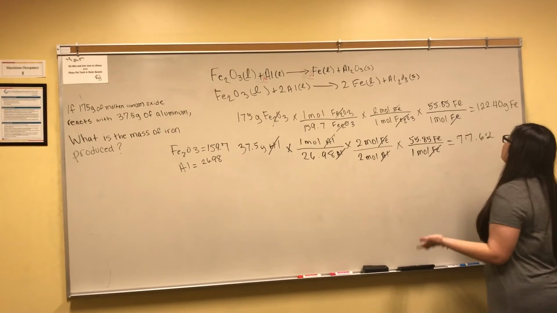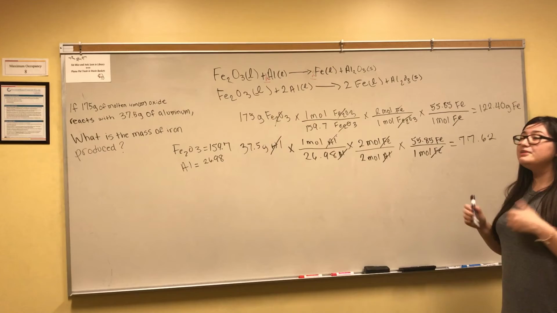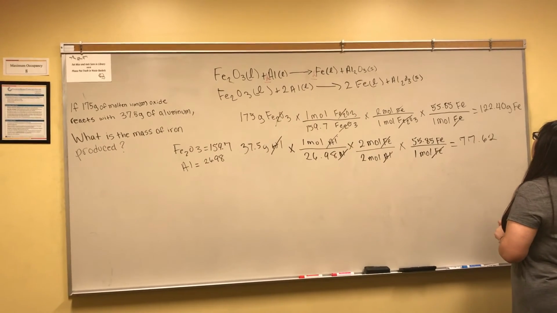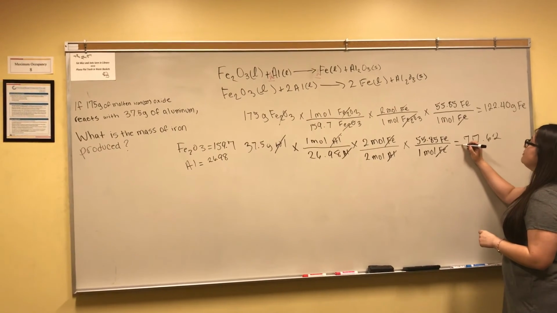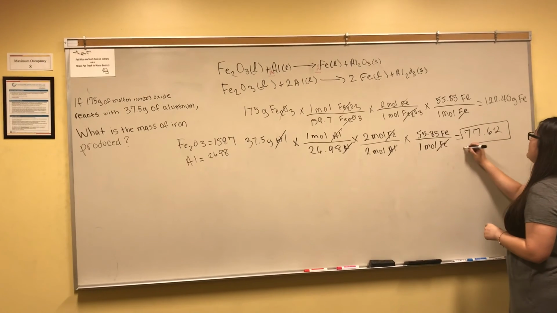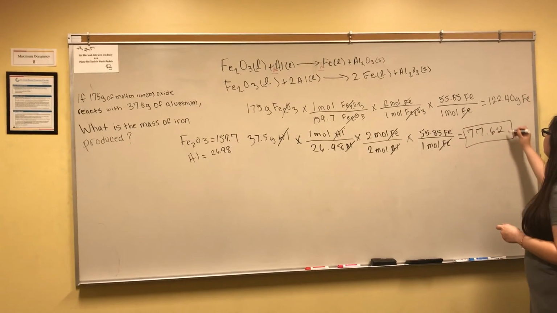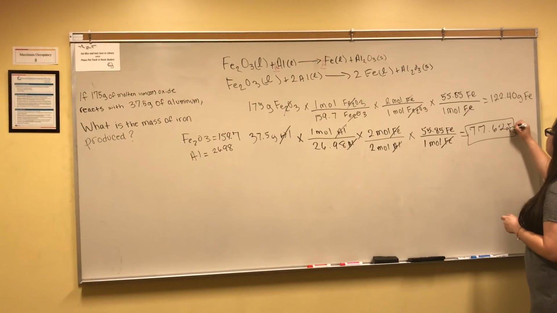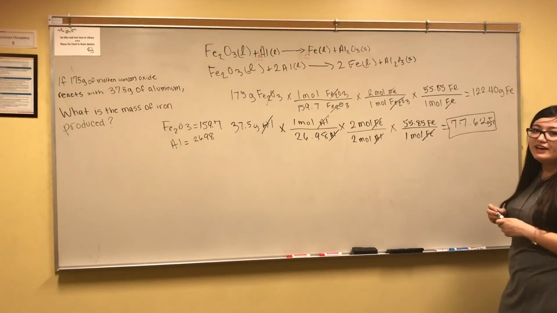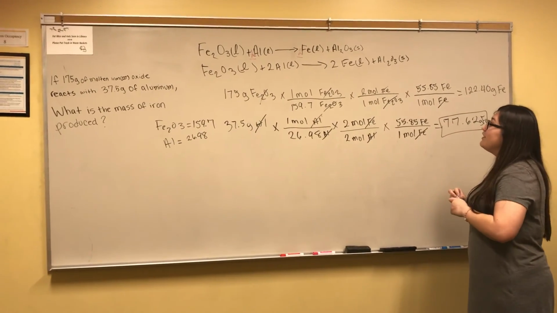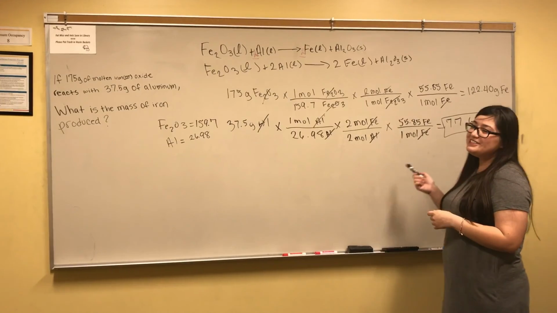So now we have to find out which is the limiting reagent, and it is this one, because it's the least number, and this is how much iron will be produced: 77.62 grams of iron. So this is how you do the limiting reagent problem.